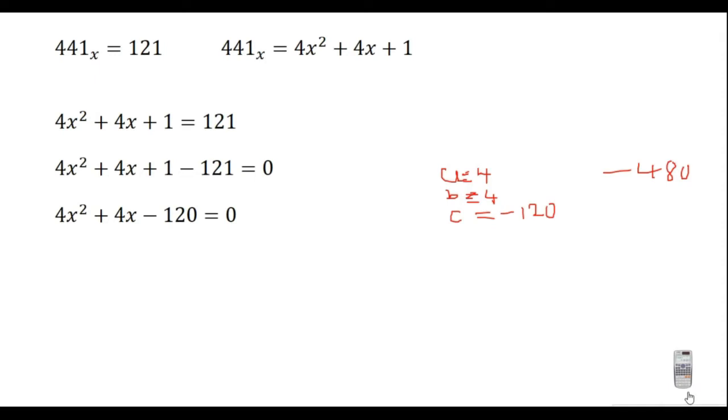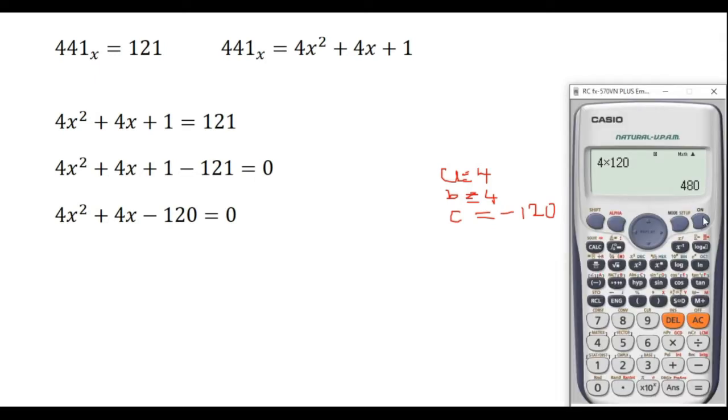Now you go ahead to use your calculator to find it. So you press on, then you go to mode, you pick equation 5, you pick the third one, then a is 4, b is 4, c is negative 120. Then you press enter.